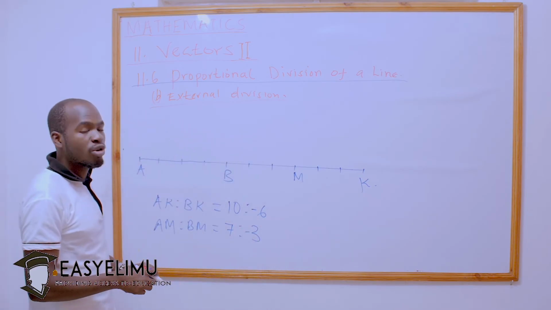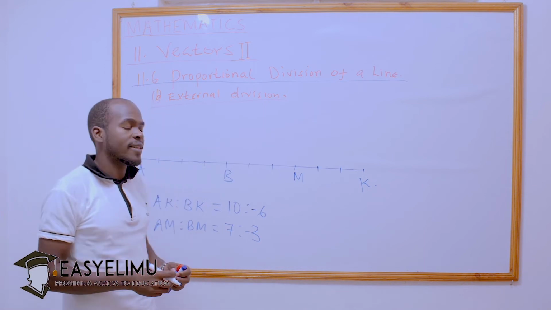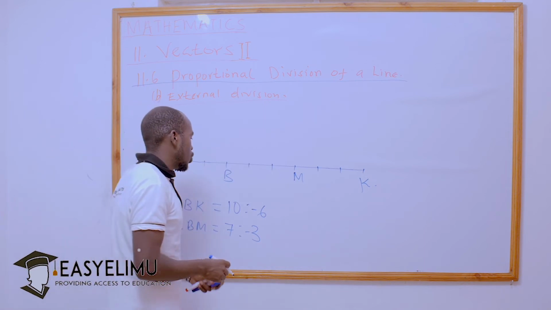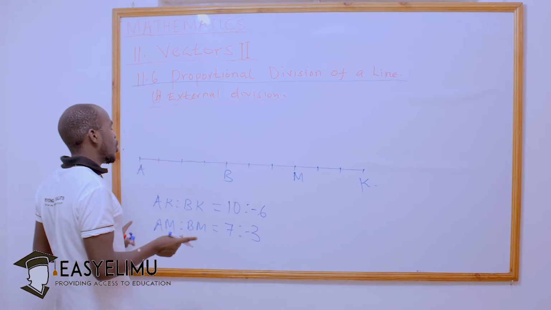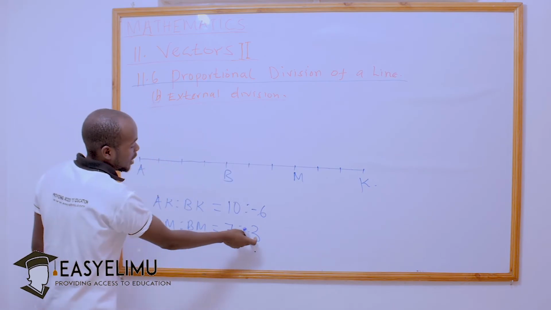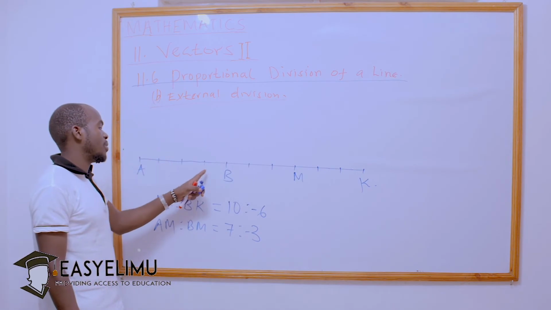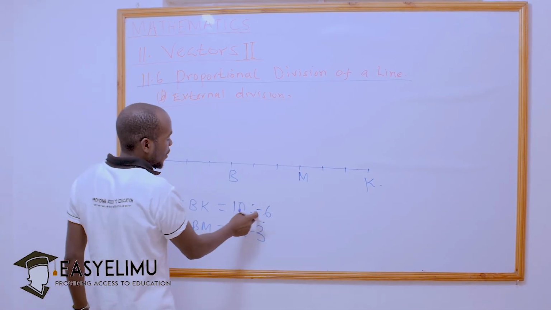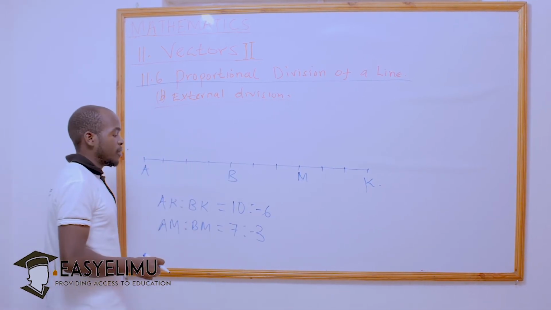Remember, it is negative because it is outside the scale of interval. If you want the actual measurement, you take 7 minus 3 and you find the actual measurement here is 4. The same applies to this, you will get 4 intervals.